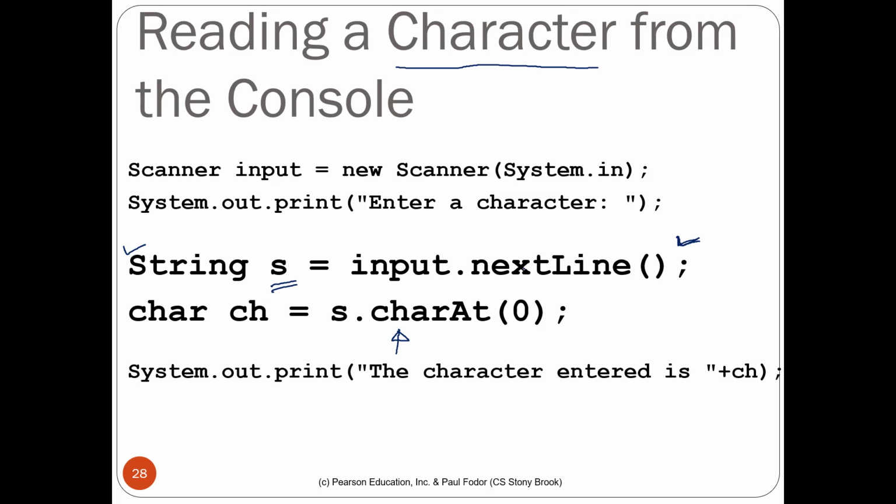We don't have a method that can give us a character, so we accept a string from the user using nextLine or next, and from that string you get the first character. So s.charAt(0) will give you the first character. That is the trick for getting the user input character.